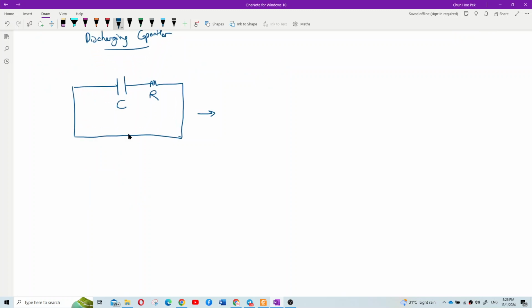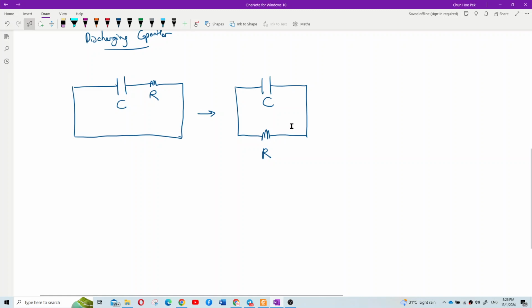Maksudnya, you boleh lukis resistor ke bawah. Macam ini. So it's the same, class. Sama tak dua benda ni? Is this circuit and this circuit the same? Same. Resistor di sebelah ini actually macam di bawah.